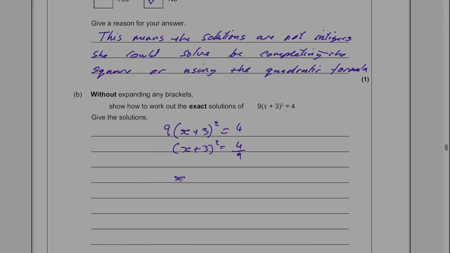So that will give me x plus 3 is equal to plus or minus the square root of 4 over 9. So x is going to be equal to minus 3 plus or minus the square root of 4 over 9, and the square root of 4 is 2, and the square root of 9 is 3.